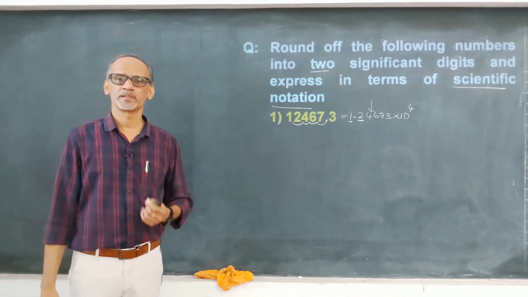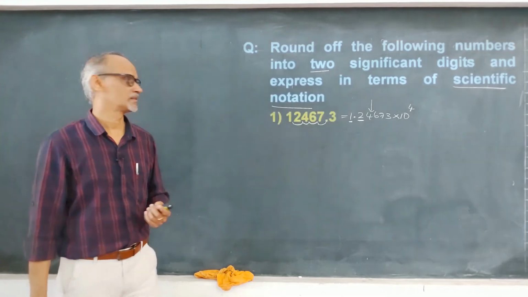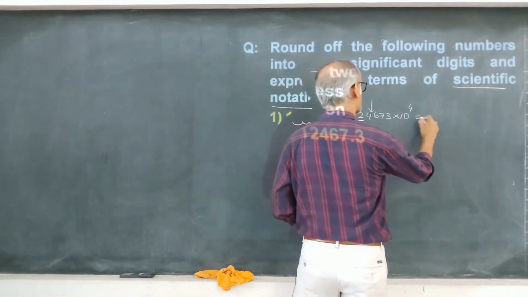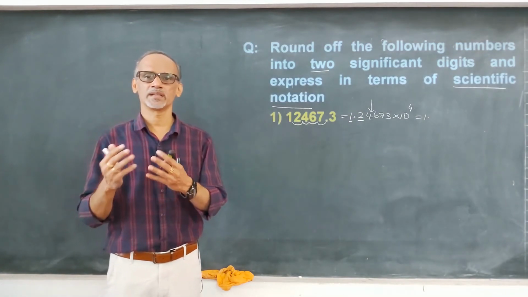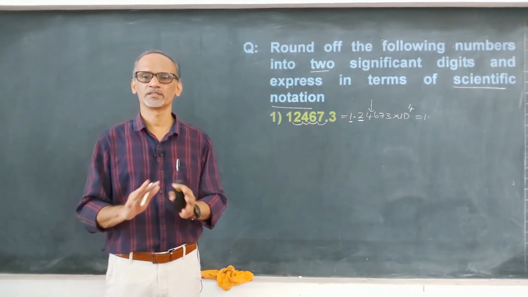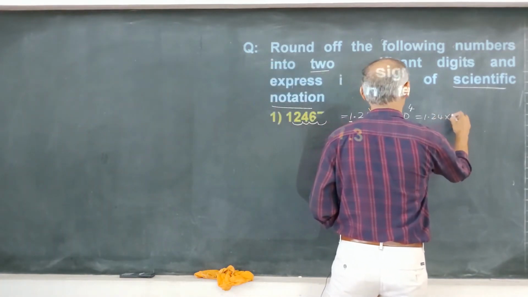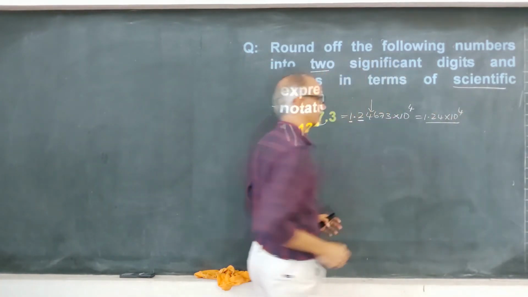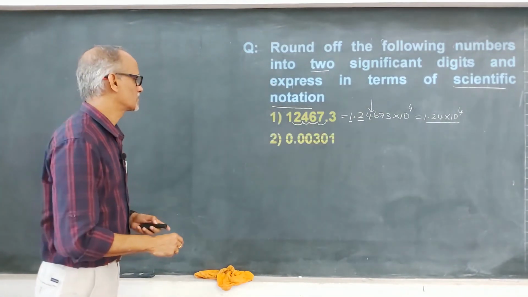The digit to be dropped is equal to 4, lesser than 5, rule number 1. So, therefore, the final answer is, okay, what the rule says? The rule says whenever the number is lesser than 5, no change, retain the number as it is. So, therefore, it's a 1.24 into 10 to the power 4 is the correct answer for this first option. Are you clear? Let's go for the second one.